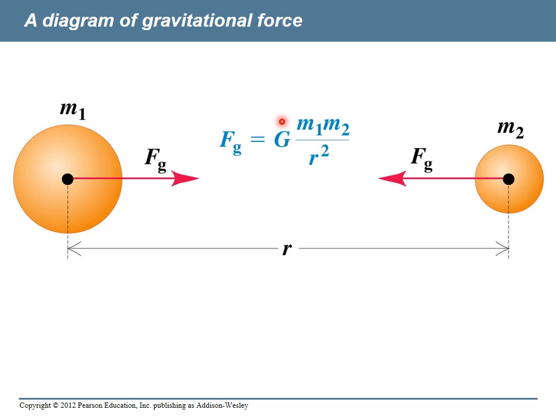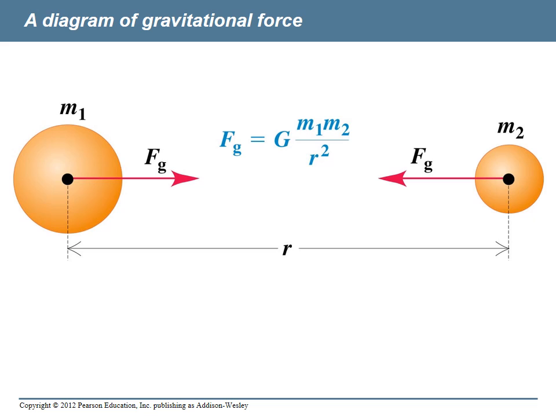Then we multiply by a constant of proportionality, which we call the gravitational constant, G. So the gravitational force between two objects is the gravitational constant times the product of the two masses divided by the square of the distance between them.